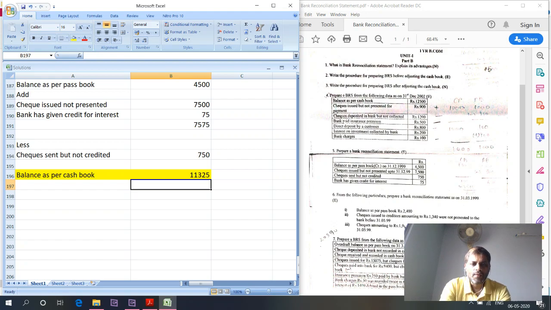So from 11,325, we have issued checks for 7,500. We also have received money from customers for 750, which is increasing the balance. And the bank has given credit for interest, which is still not adjusted, so we have to add this. So we solve for the difference between 4,500 and 11,325.